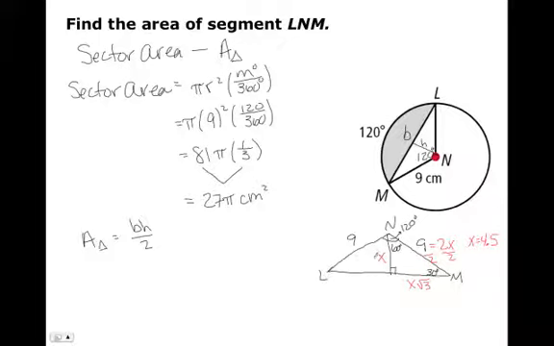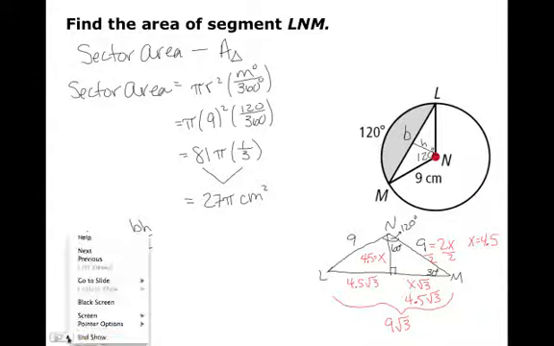So now I know the height of my triangle is 4.5, and the length of half of the base is 4.5 square root of 3, which means this is also 4.5 square root of 3. So the whole length would be 9 square root of 3. We now have enough information to find the area of our triangle.